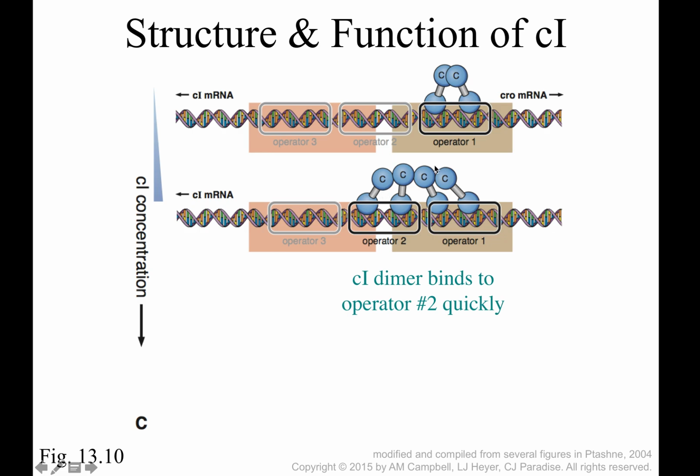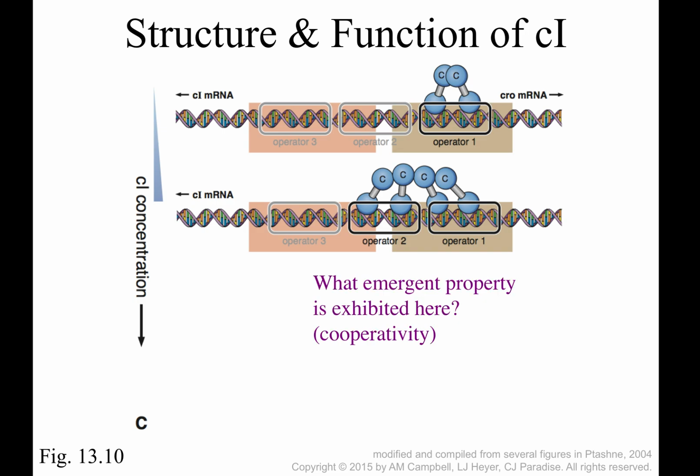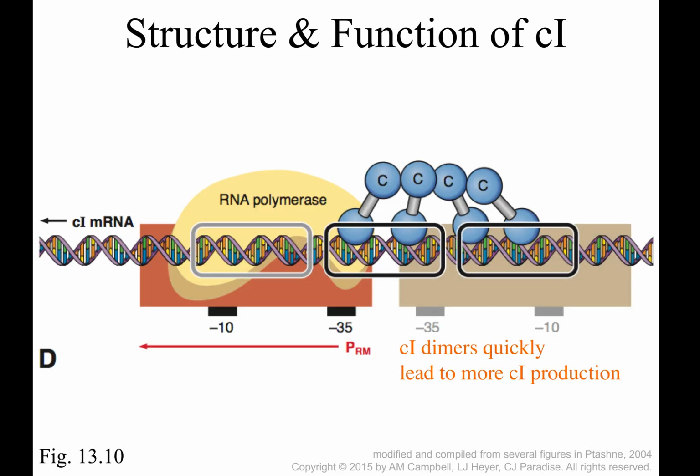Once you bind 1 oxygen, it makes the second one and third one, fourth one easier to bind. Okay, so you bind 1, and 2 binds quickly. The emergent property here is cooperativity. We saw that again when we saw how hemoglobin works.